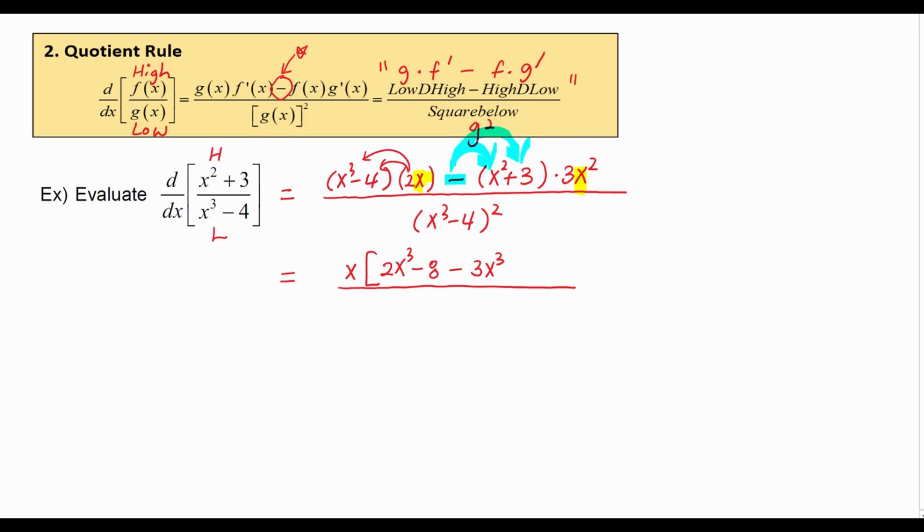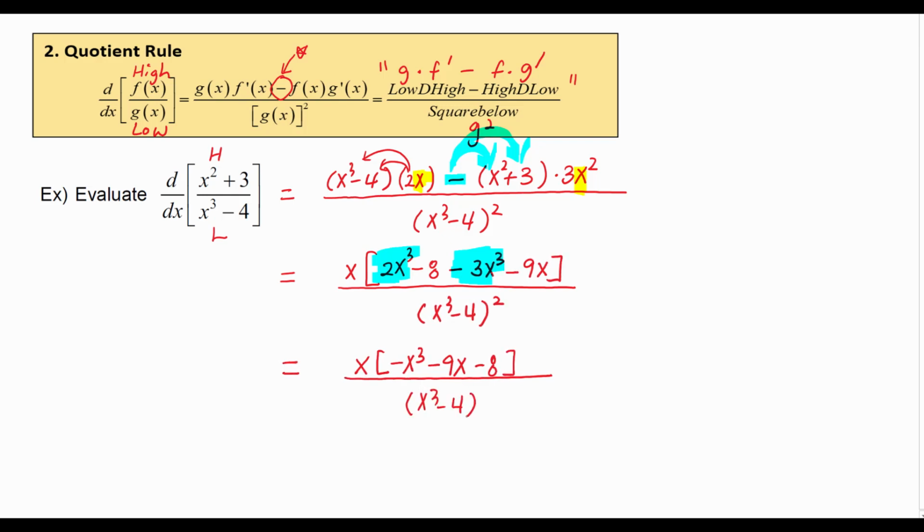So that will give you negative 9x over x cubed minus 4 squared equals, and if I clean up the numerator, x inside of a bracket, if you clean it up, I get negative x cubed. I got that from 2x cubed minus 3x cubed minus 9x minus 8 over x cubed minus 4 squared.